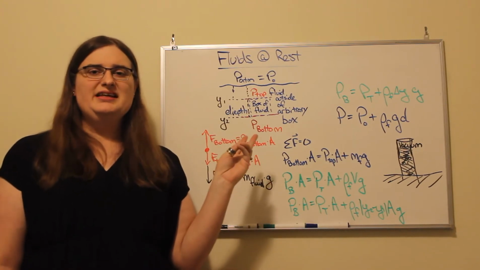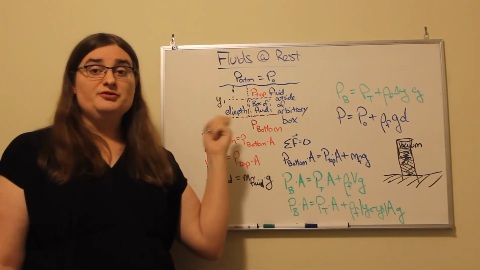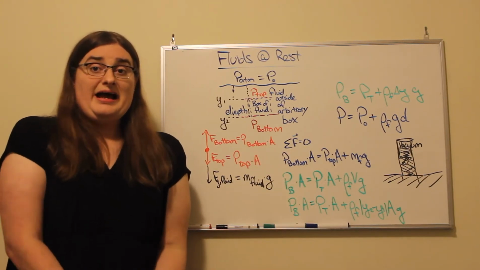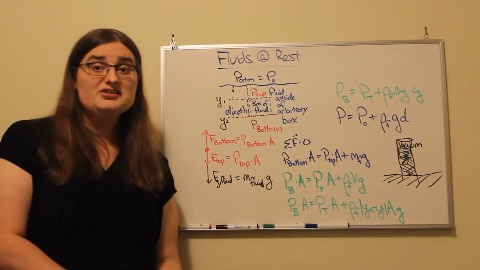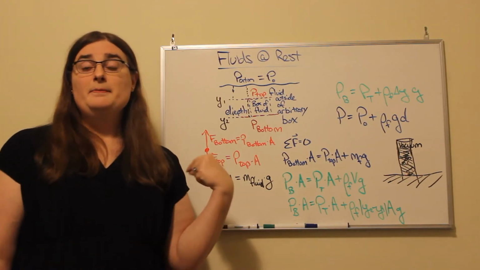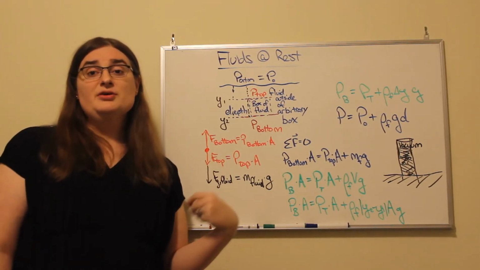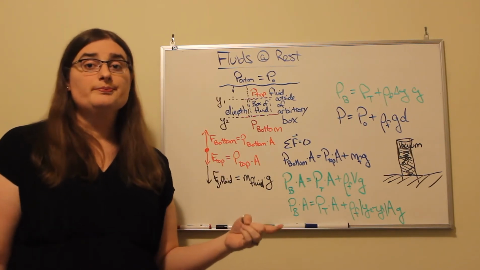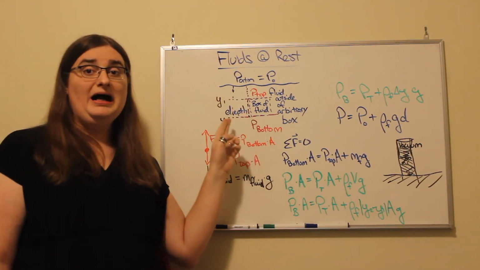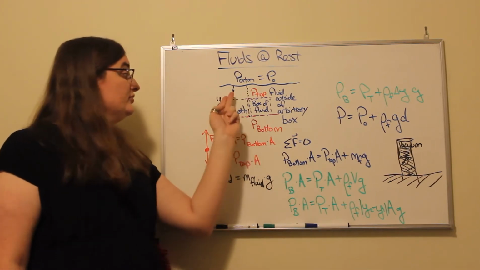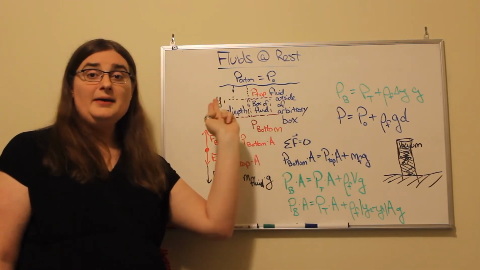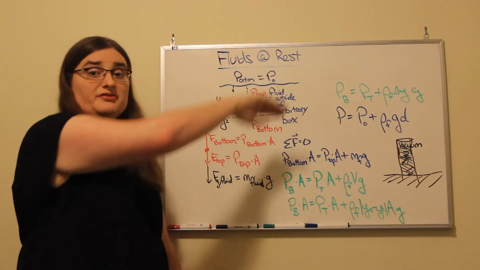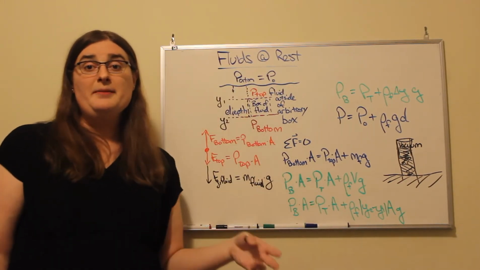So, if that's the case, here I have this box of fluid sitting in fluid. Well, for any object to be at rest and to stay at rest, that means that by Newton's second law, the sum of the forces acting on that object have to equal zero. Well, I said that this is a box inside some fluid. So all along the top, there would have to be collisions of the fluid molecules along the top of that box.